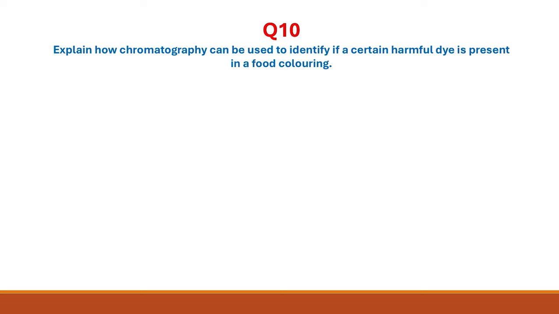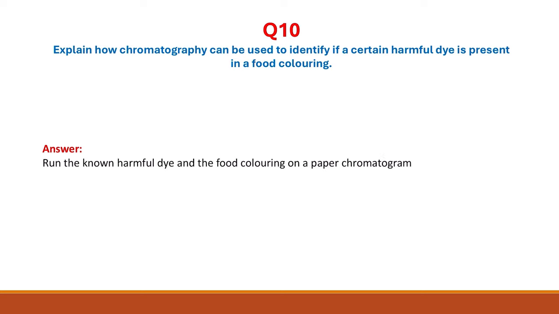Question 10. Explain how chromatography can be used to identify if a certain harmful dye is present in a food coloring. To answer this question, remember to refer to how you're going to identify this. So first you need to run the non-harmful dye and the food coloring on a paper chromatogram.